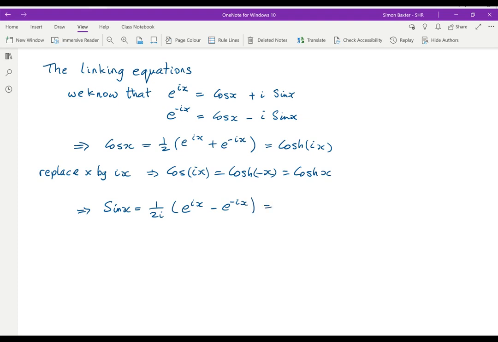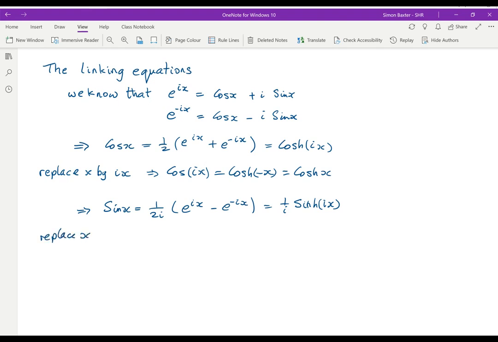If we now look at our definition of sinh, this is 1 over i times sin ix. So there is a connection between sin x and sinh. Play the same trick again.